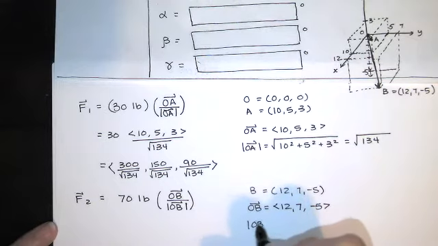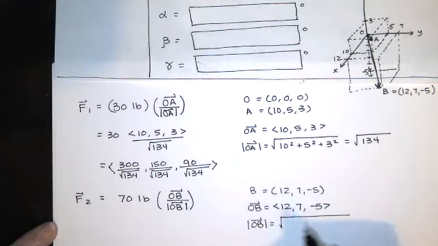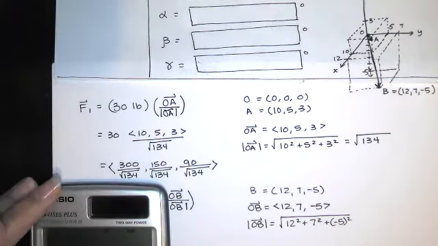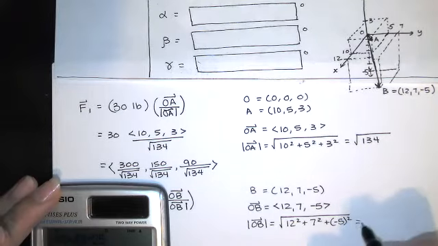Then we'll find the magnitude of the vector. So take 12 squared, 7 squared, and 5 squared. Add them, then take the square root. We've got 144 plus 49 plus 25. So that's the square root of 218.